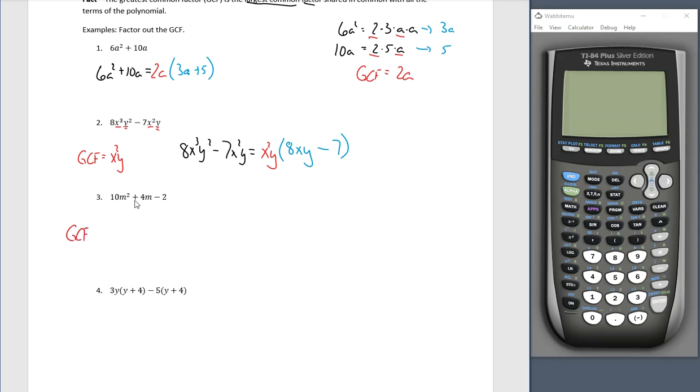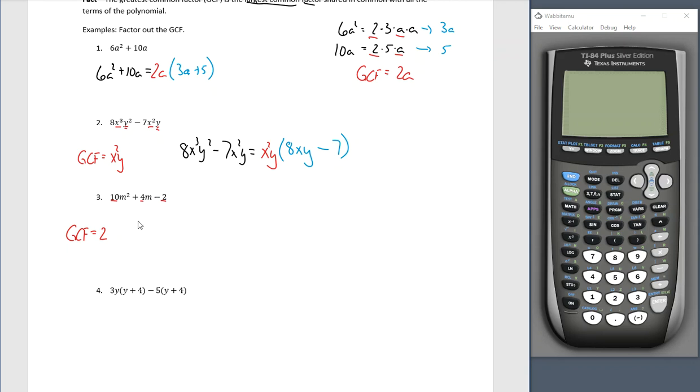I look at 10m squared, 4m, and 2, and I see that they all consist of even numbers. So I know 2 will go into all 3 of those terms. Now I look at the variables. M squared, m, no variable. They do not have something in common with all 3 of them, so it's not in the greatest common factor.